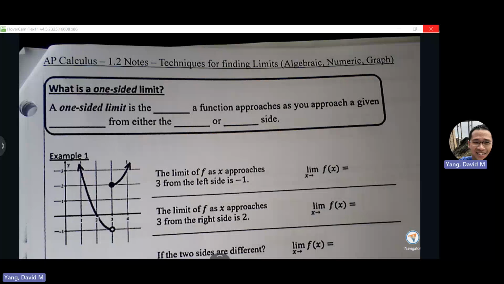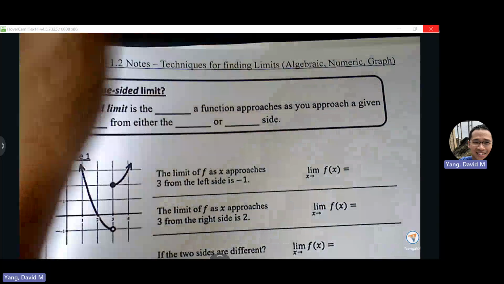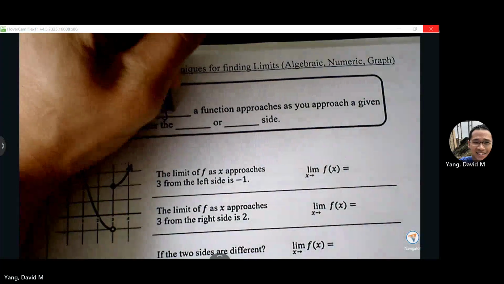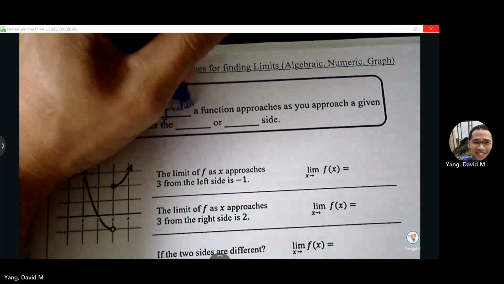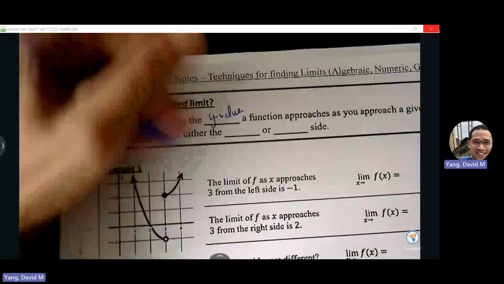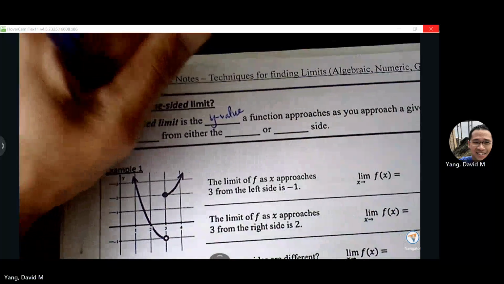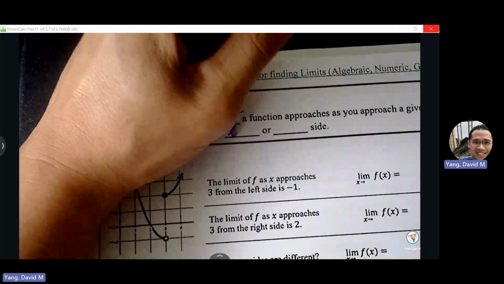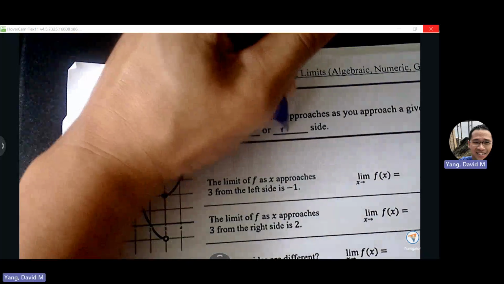So yesterday, when I had us draw arrows towards the destination, each of the arrows is a one-sided limit. A one-sided limit is the y value that a function approaches as you approach a given x value from either the left or the right side.